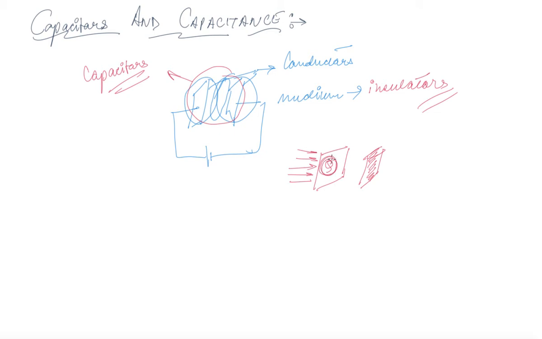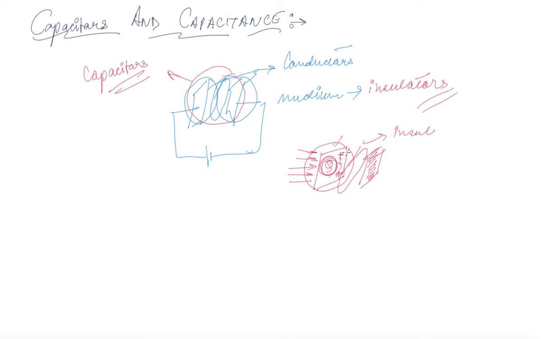Because of this charge Q, if you have put a positive charge, this will be positively charged. Now please keep in mind the medium between these two is insulating. Now because this is a capacitor, positive charge has been accumulated over here.